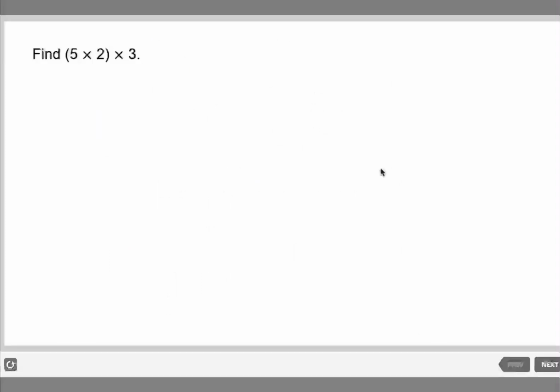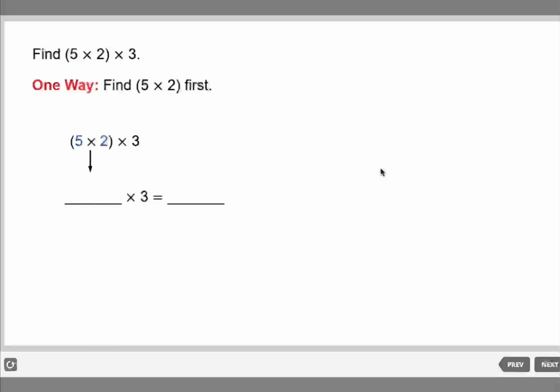We need to find 5 multiplied by 2 multiplied by 3. In this case, as you can see here, we have brackets or parentheses. We need to find first 5 multiplied by 2. And what is 5 multiplied by 2? 10. So we just need to write here that 5 multiplied by 2 is 10.